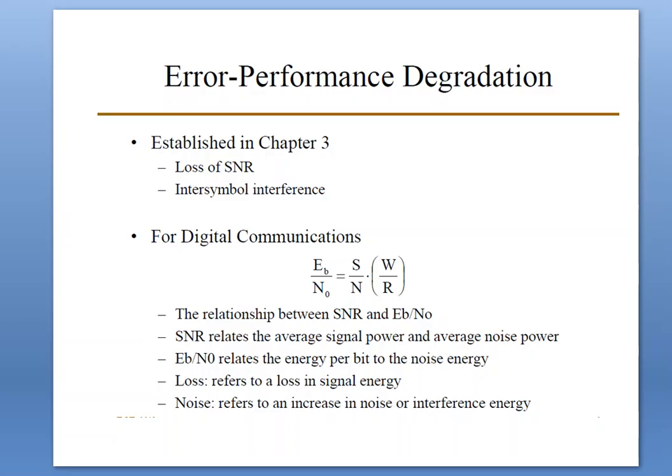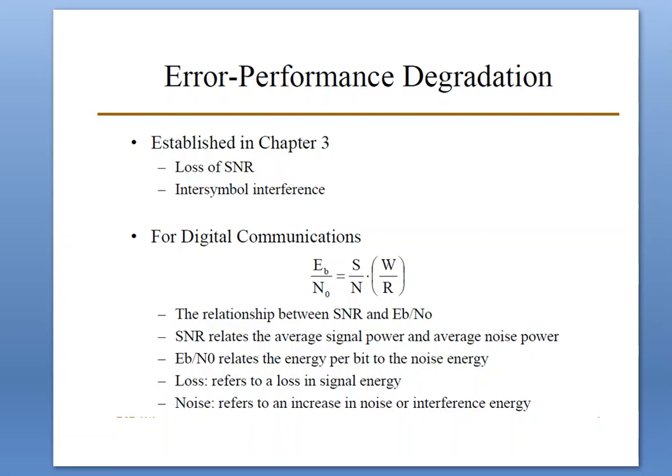Losses occur when a portion of the signal is absorbed, diverted, scattered or reflected along its route to the intended receiver. Thus, a portion of the transmitted energy doesn't arrive at the receiver.